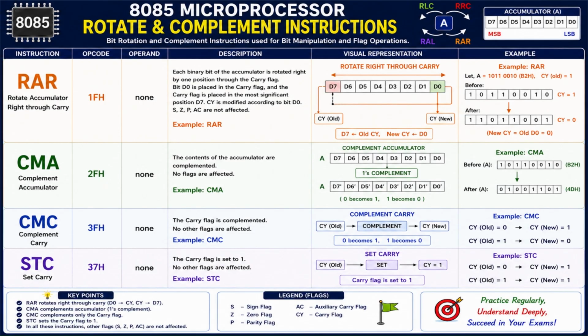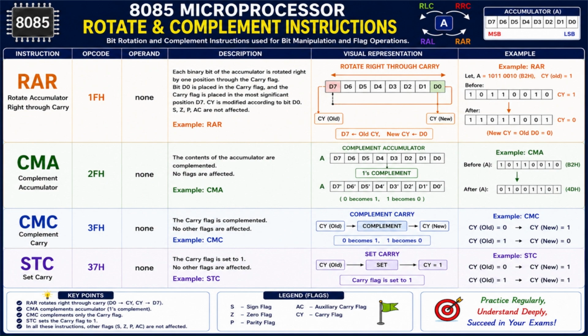A quick review. RAR rotates all bits 1 position to the right through the carry flag. Old carry enters D7 and old D0 becomes the new carry. CMA performs a 1's complement of the accumulator. Every 0 becomes 1 and 1 becomes 0.